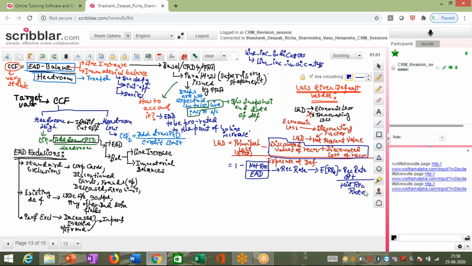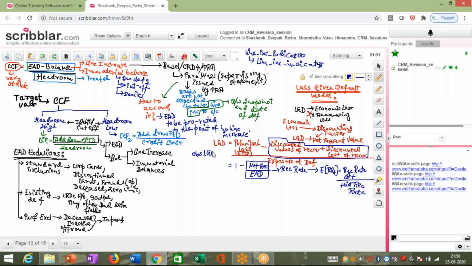So the observed LGD is the target value, and you would observe that it is a fractional value.